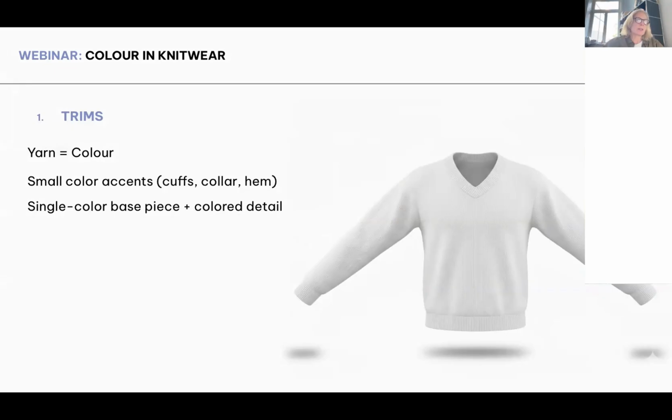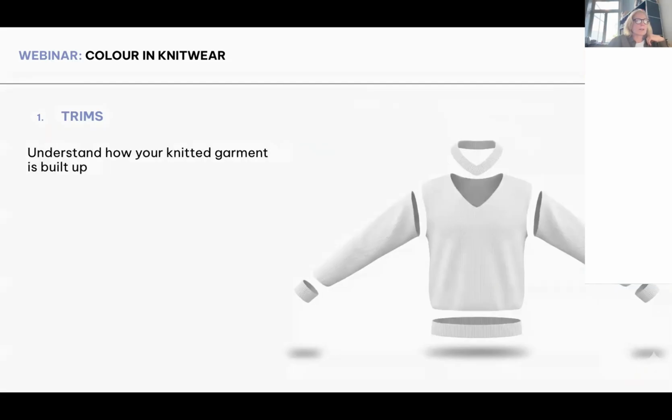For example, with a normal sweater, trims mostly use 2 threads of yarn, 2 plies, and the whole sweater then uses one ply. So it already changes the yarn feeder when you knit the cuff of your sweater. So you can easily add another color to the yarn feeder there. It gives you the possibility of very easily playing around with colors.